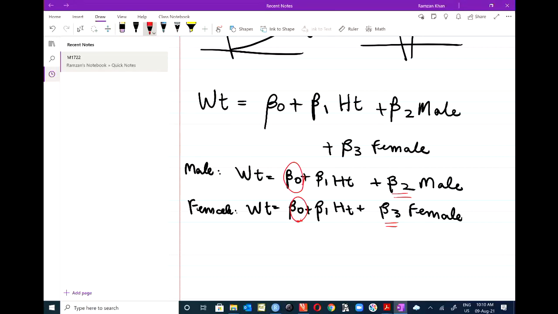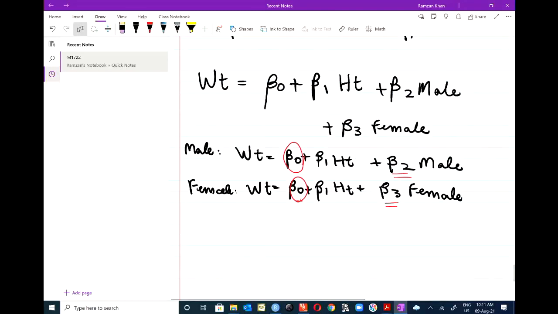In other words, the beta naught is an extra I don't need. In fact, this kind of model is what we call over-parameterized. I can't estimate it because essentially I can reduce beta naught by 10, add 10 here and take 10 off from there, and I have the same equation. So I can't estimate that to a particular number.